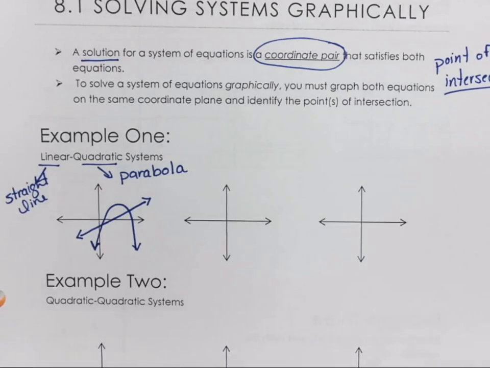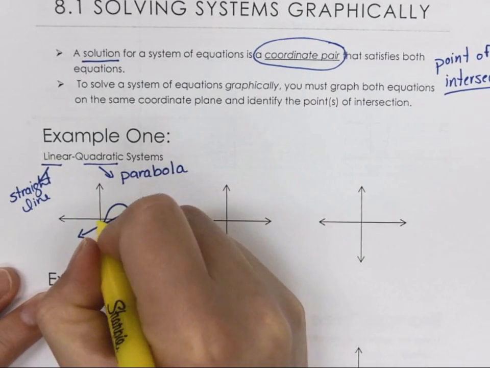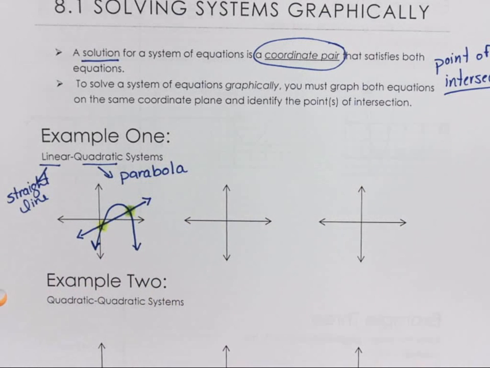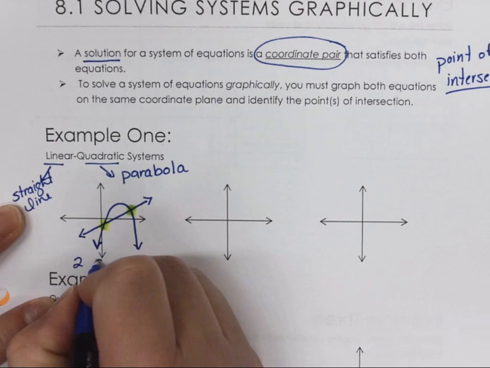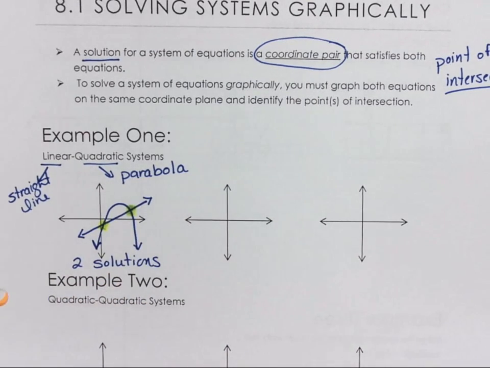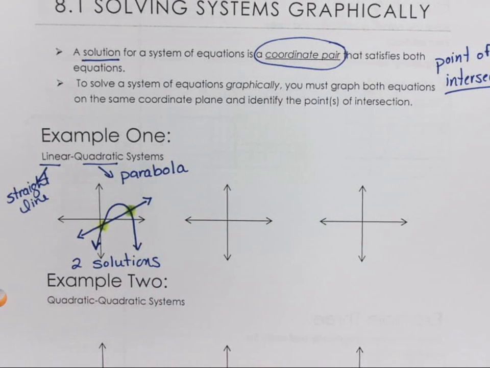It has a solution here and here, because those are the points at which the two graphs cross each other. You would agree? Yep. So this one has 2 solutions. And my highlighter looks a little wonky. It looks a little green, but it was supposed to be yellow.